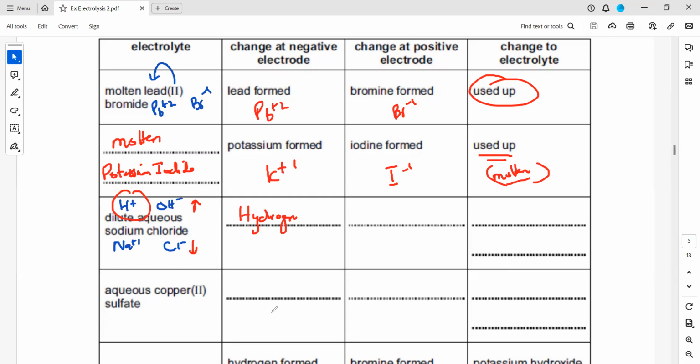We don't say hydroxide is the product, we say oxygen is the product. Because it's aqueous dilute, hydroxide ions are more, so the product will be oxygen. Is it clear, this one?